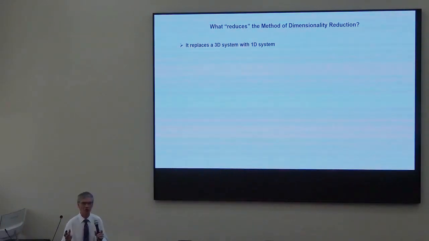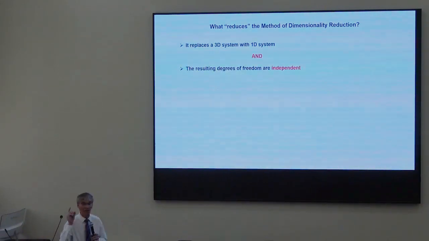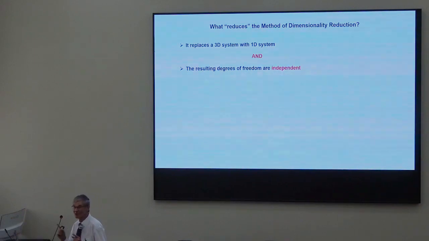So a three-dimensional continuum field with degrees of freedom by a one-dimensional continuum field with degrees of freedom. But even more important, these degrees of freedom are independent. And this means that practically it is reduced to one single degree of freedom. Not only a one-dimensional system, but one single degree, independent springs.